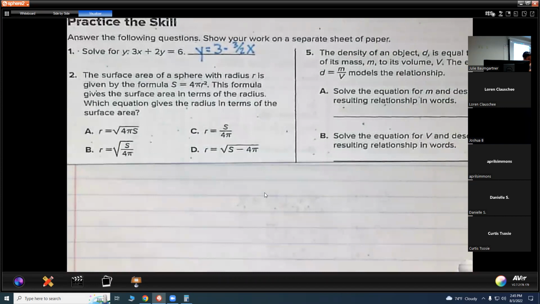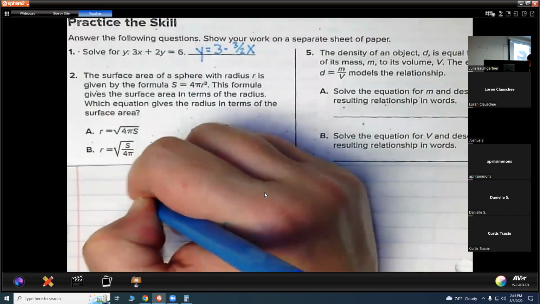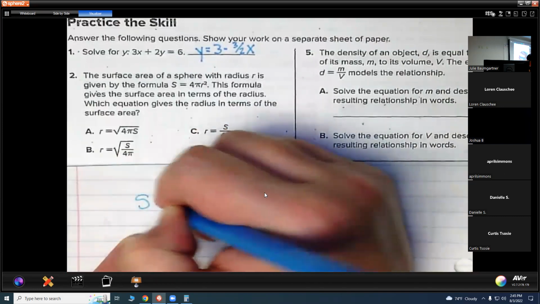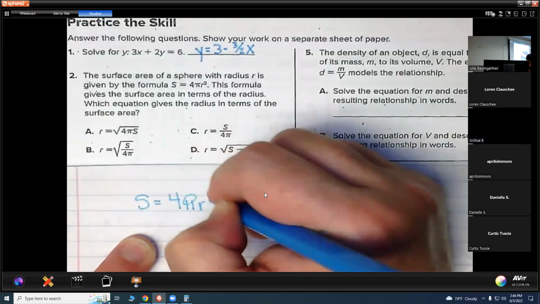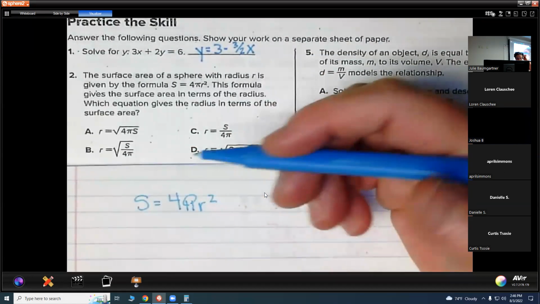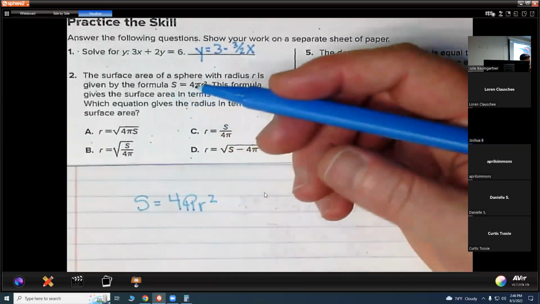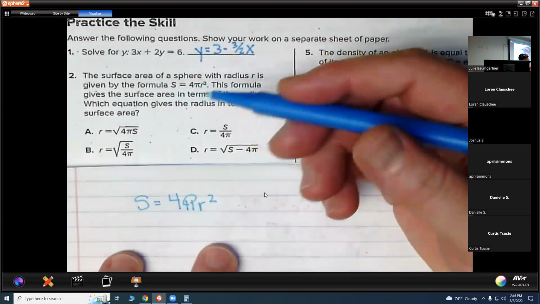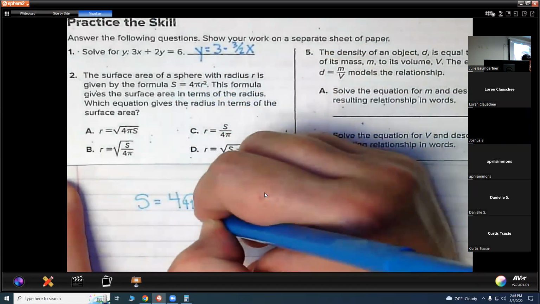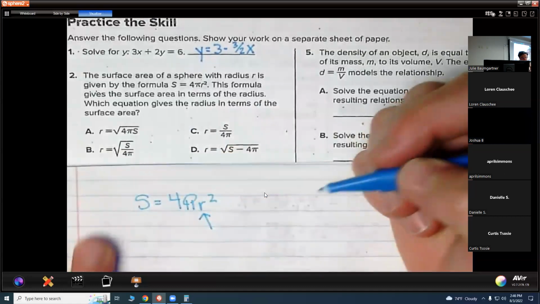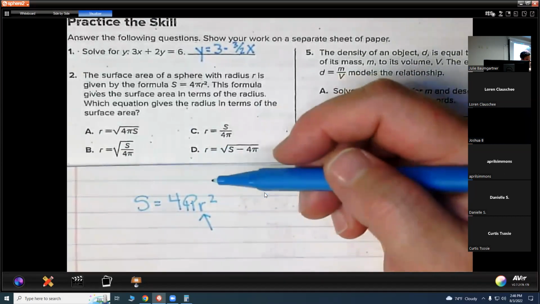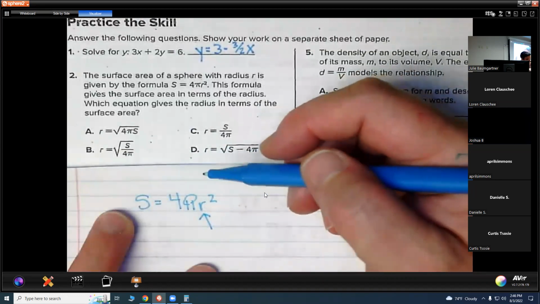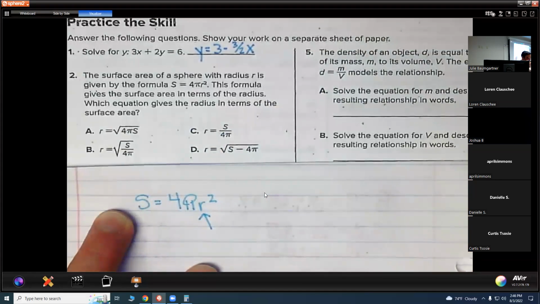All right, so we're going to take our formula S equals 4 pi r squared. This is our formula to calculate the surface area of a sphere, and they want us to solve in terms of r. Just like if you went back to example 2, I believe, it would be the same process.